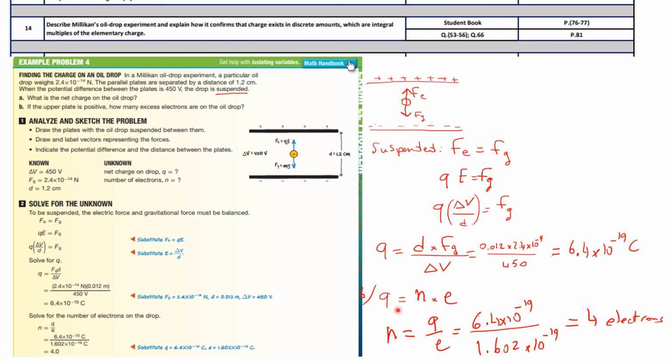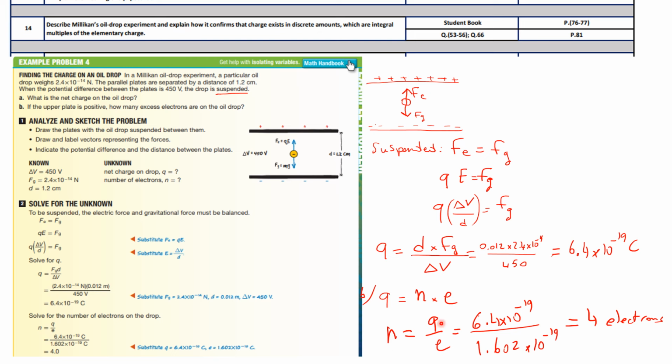To do that, we have Q, the total charge of the drop, calculated in part A. Q equals NE, where N is the number of electrons. The total charge equals the elementary charge multiplied by the number of electrons N. Here we're asking how many electrons, so of course we're talking about N.